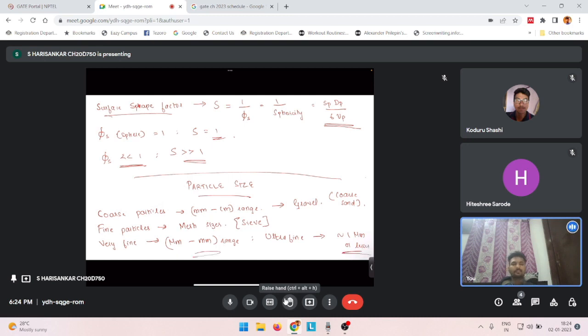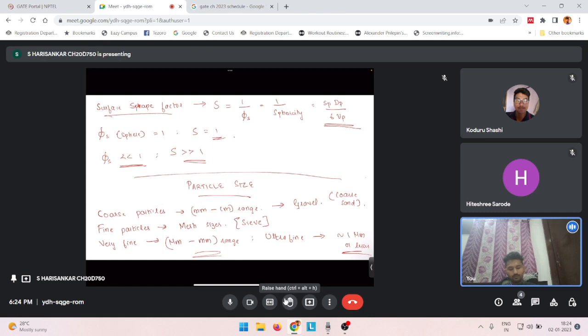So these are some of the different size ranges that you can come across when people talk about the size of a particle. So anyways, let's get into the characterization.